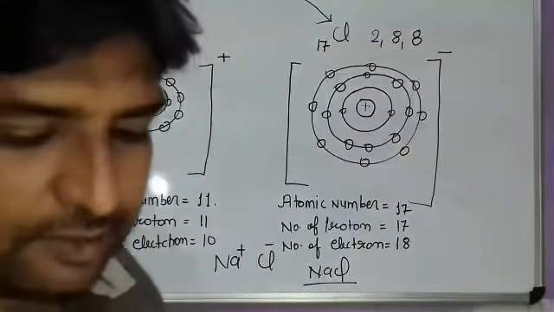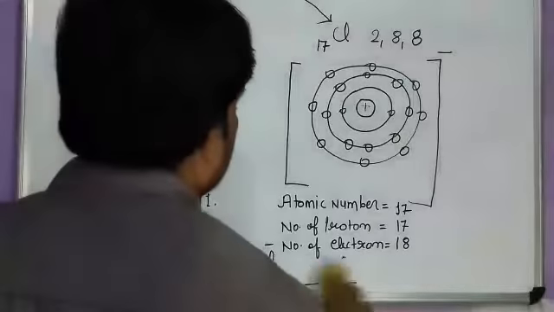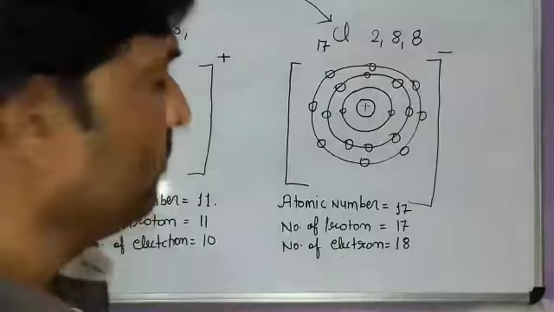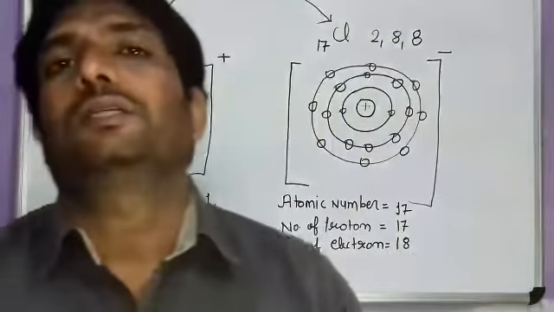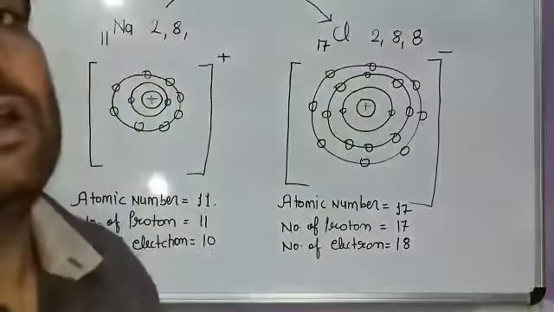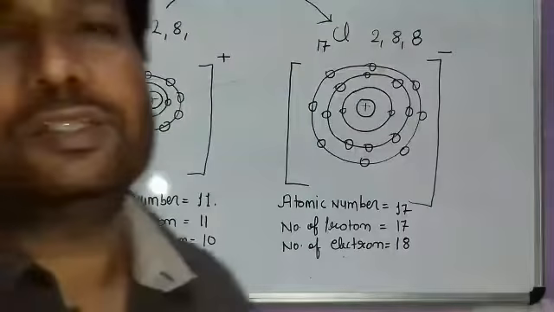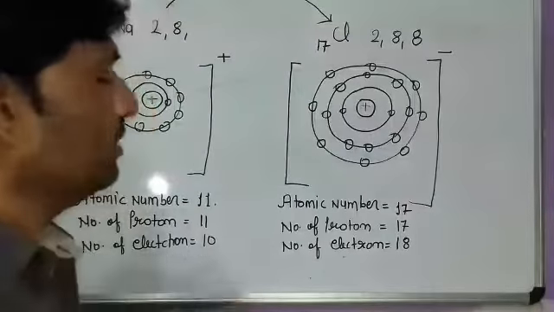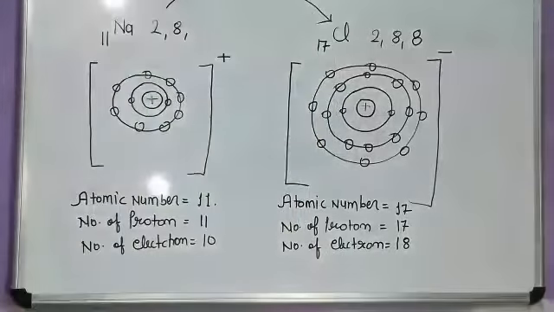Clear? When metals and non-metals combine together to form a compound, it is by the help of an electrovalent bond or ionic bond, not a covalent bond. Is it clear?